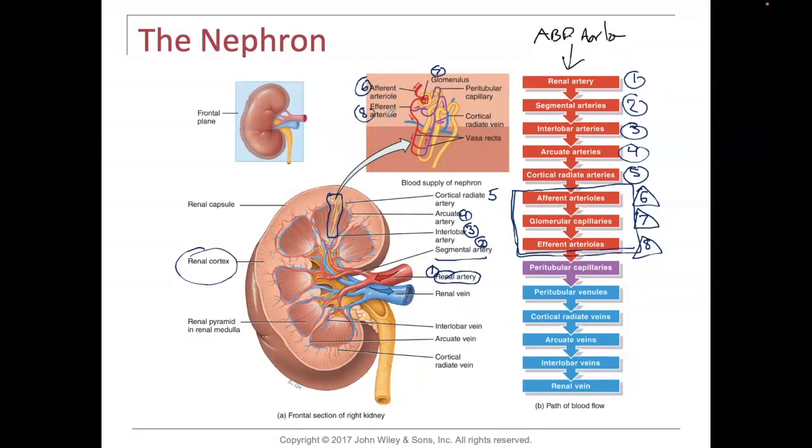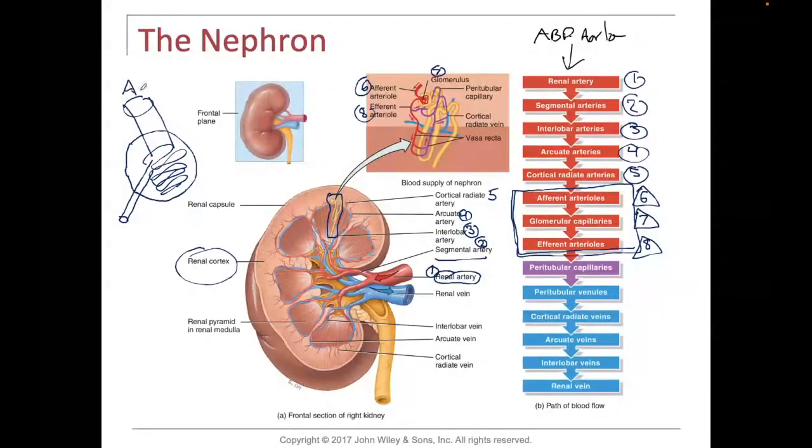The other major difference between the afferent and efferent arteriole, I'm going to blow this structure up right here. So let's say we have something like this, a large blood vessel coming in, a thin blood vessel, and we're going to have this glomerulus here.